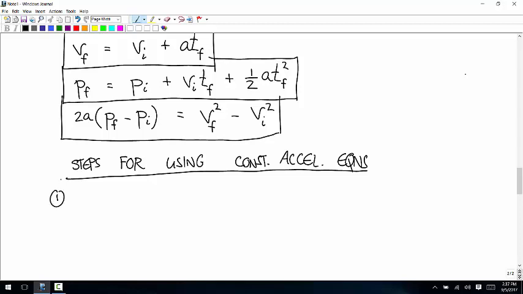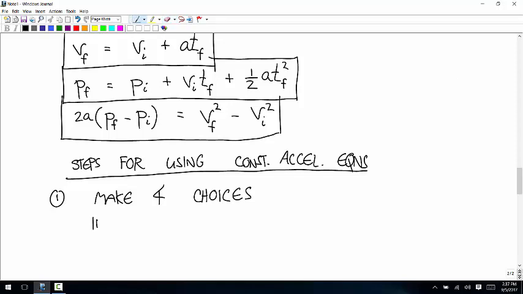So the first thing is we need to choose 4 things. Two have to do with times, and 2 have to do with positions. I'm going to list the time ones first.